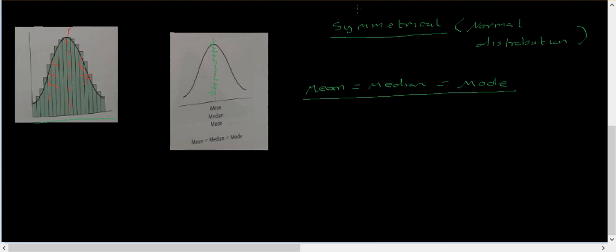Now, what are some examples of this? Think about examples of data that, when you plot it out on a distribution graph like this, or on a histogram, will give you a symmetrical distribution, or what's known as a normal distribution. Let's say the height of people.